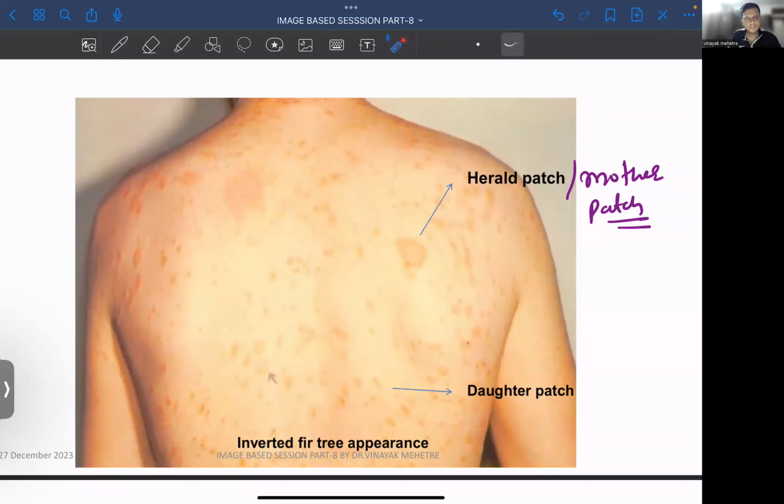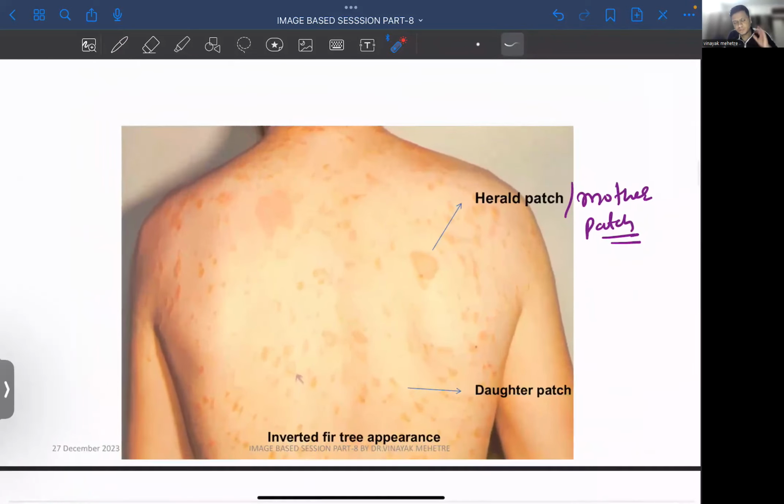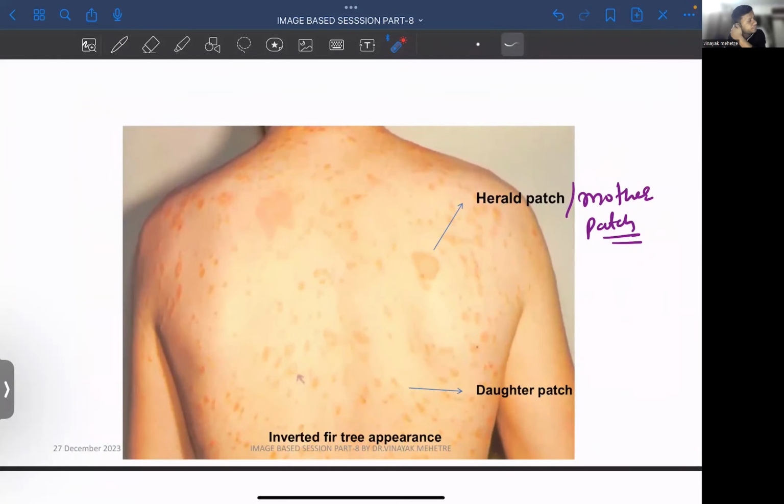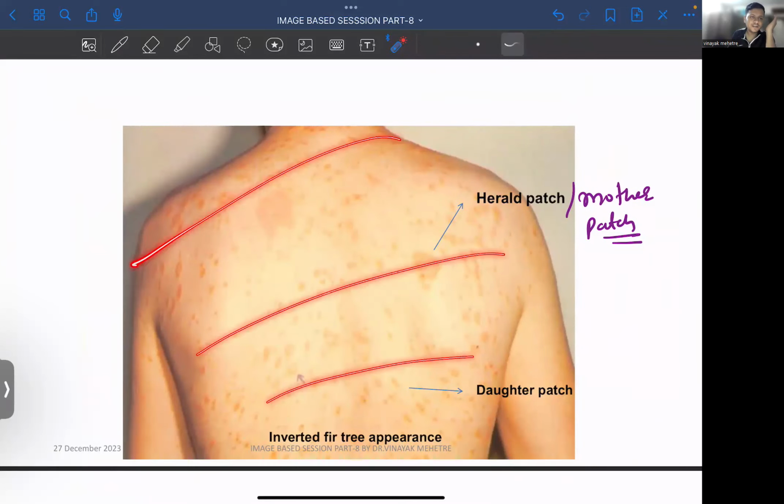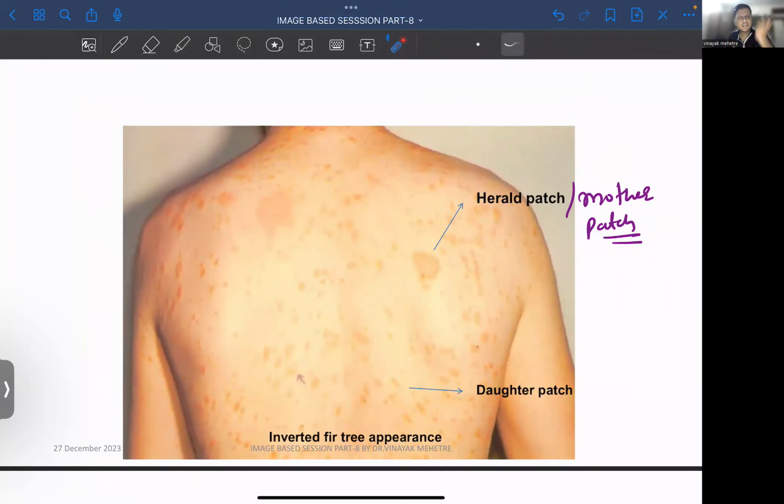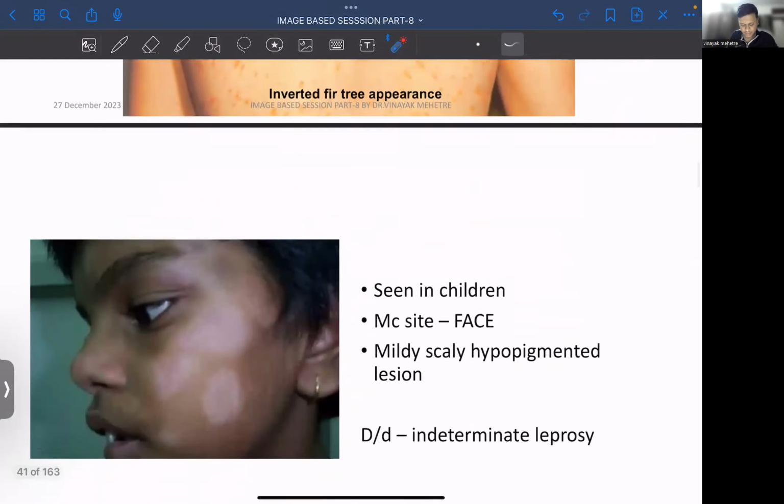This is seen in pityriasis rosea. If an image comes, how do you identify it? A big patch is surrounded by small patches. The image can be real time, so the full image may not come. Derma people can get real time images easily, and they do come.